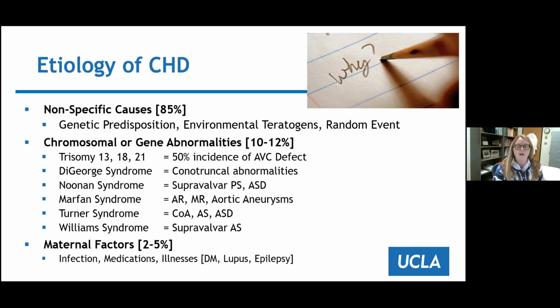Also, probably even higher than that, we see it in the autoimmune diseases such as lupus, as well as diabetes mellitus, and that is probably the #1 maternal condition that we see congenital heart disease in.